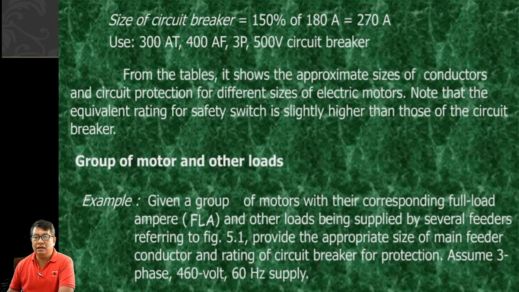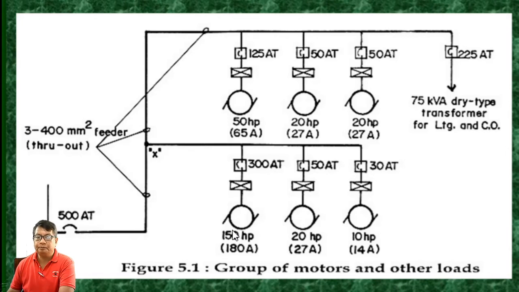Okay, so given a group of motors, with corresponding full load ampere or FLA, and the other loads being supplied by several feeders, referring to the figure, provide the appropriate size of the main feeder, conductor, and rating of circuit breaker for protection. Assume 3-phase, 460 volts, 60 hertz supply. Okay. So makita natin dito, mayroon tayong 500 ampere trip.